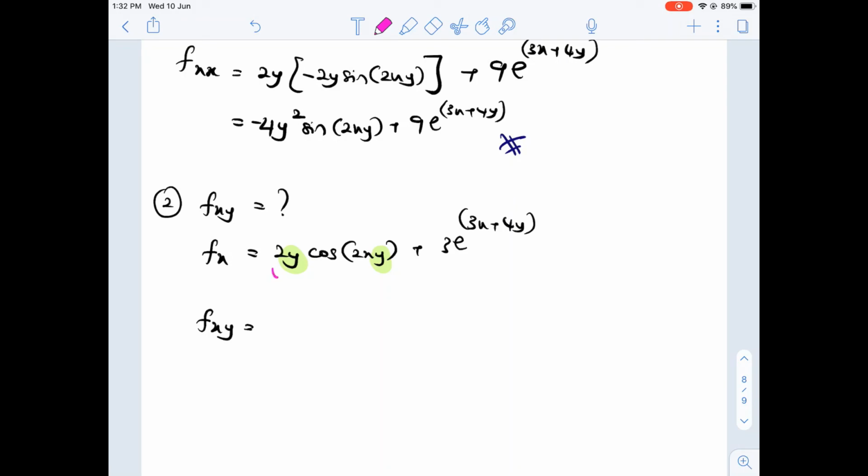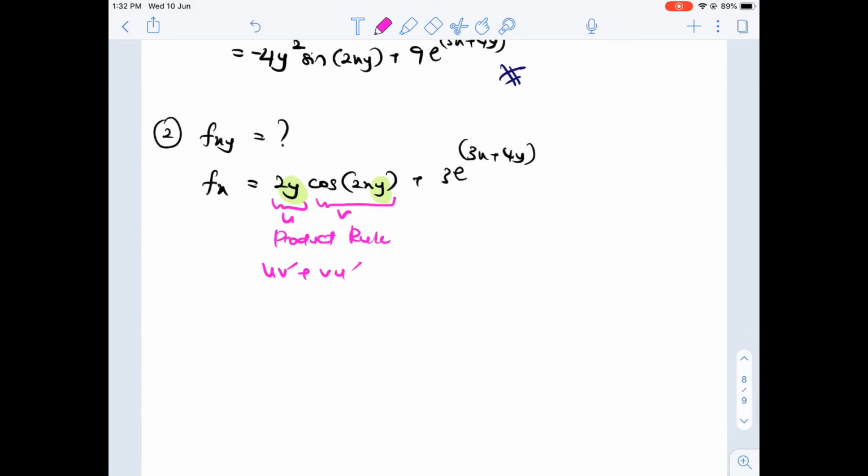Alright, so we assume that this is your u and this is your v. Product rule said that, if you have multiplication of two functions, we need to use the product rule: u v prime plus v u prime. So let us differentiate this fxy.